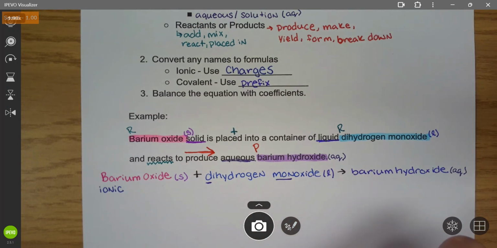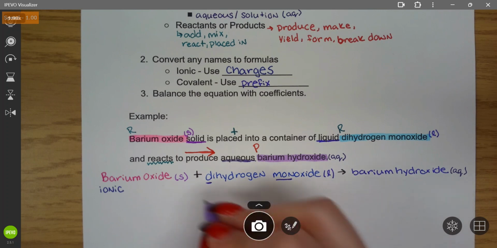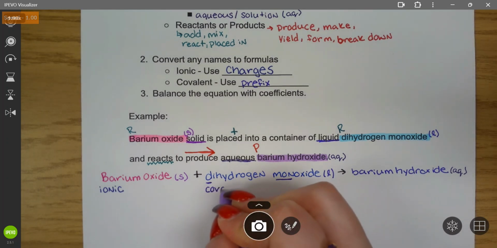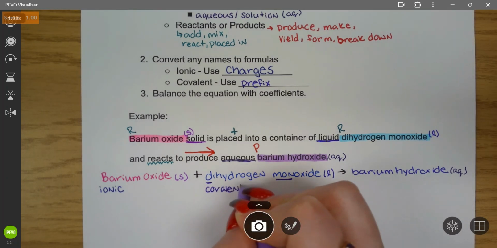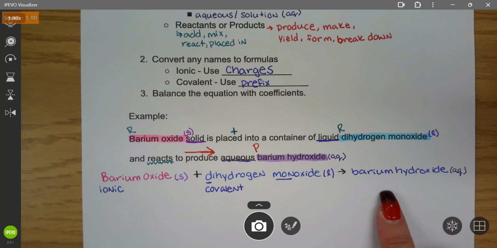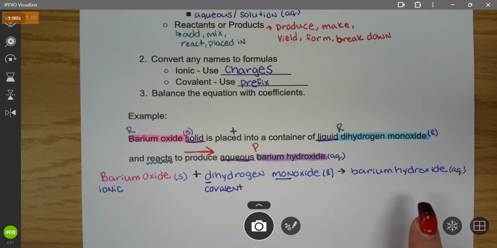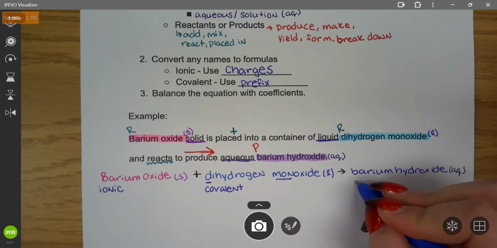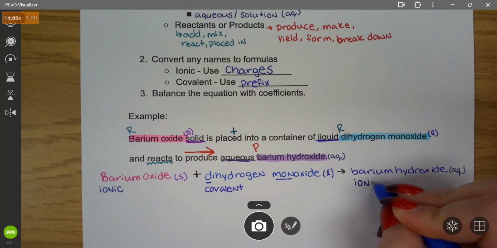Those are prefixes we can use for our covalent compound. This compound is covalent. This third option here, barium hydroxide, we can see that there's no prefixes. So this compound must also be ionic.